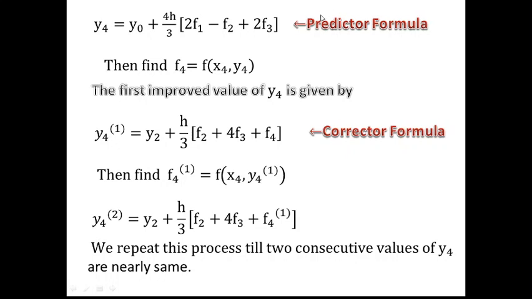It means the predictor formula becomes y5 equal to y1 plus 4h by 3 times 2f2 minus f3 plus 2f4, and y5^(1) will be y3 plus h by 3 times f3 plus 4f4 plus f5. So just increase the suffix of x, y and the function f by 1, and you will get the required values of y at the corresponding value of x. So I hope the process is clear to you all.